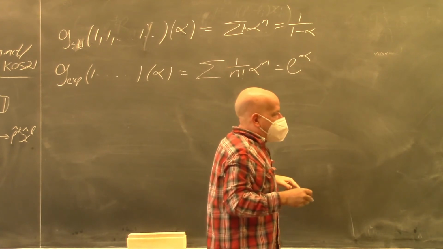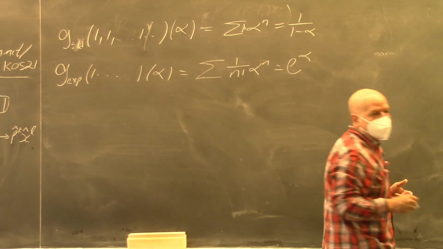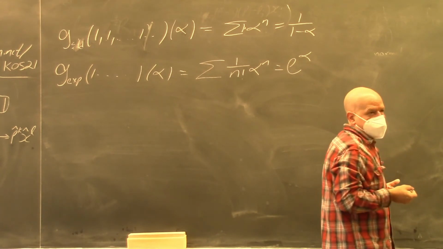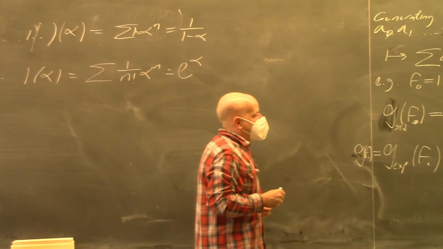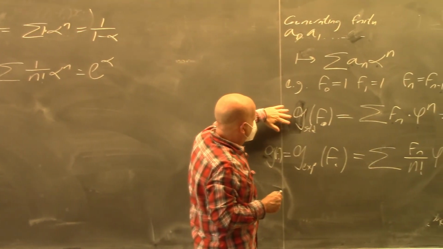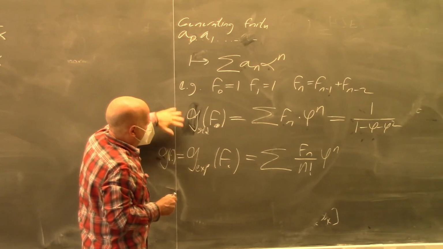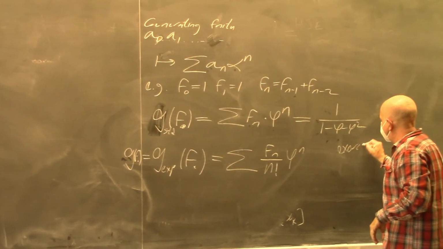Now, I will always use exponential generating functions in this class. So I will just call it G. Okay, so G of a sequence. Okay? So by the way, an exercise for you.